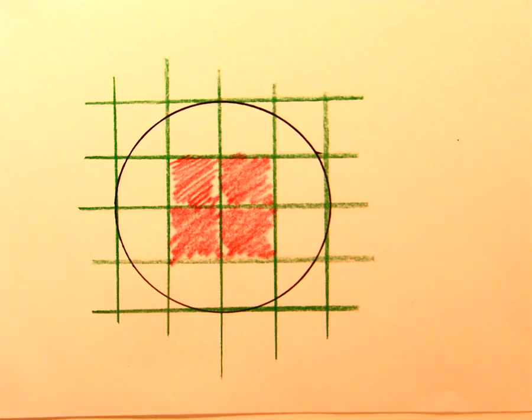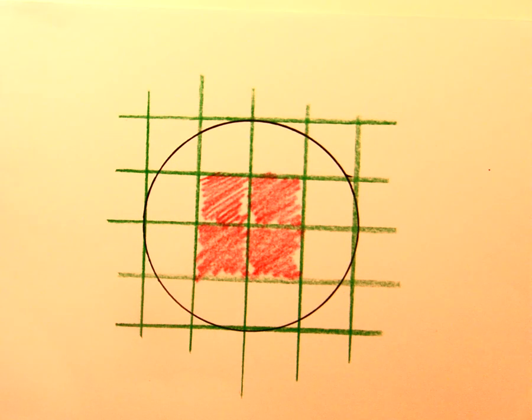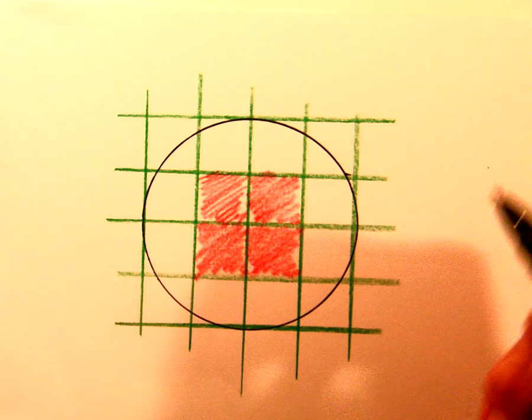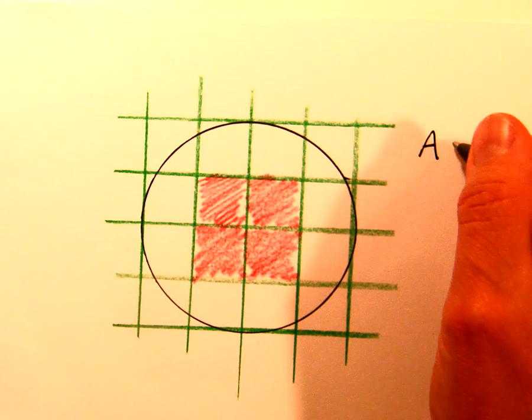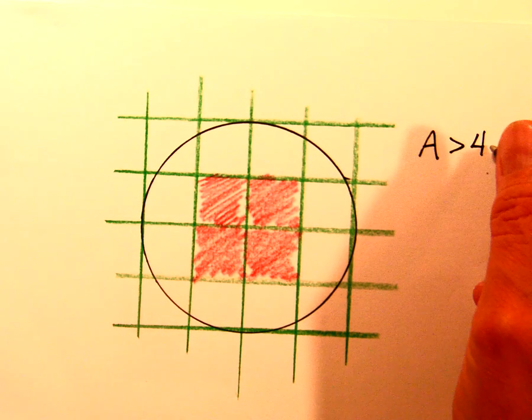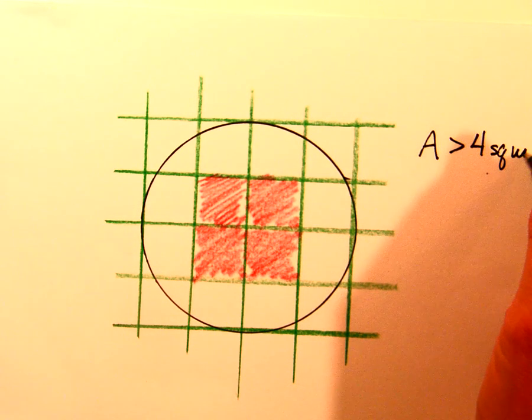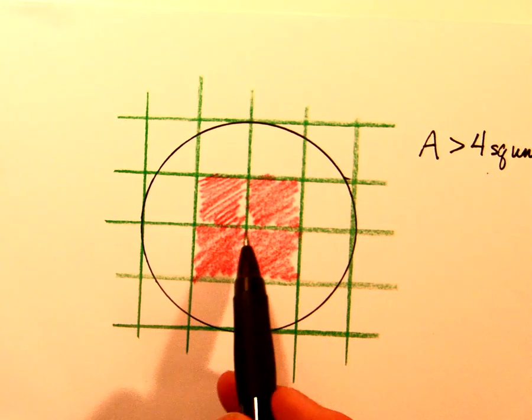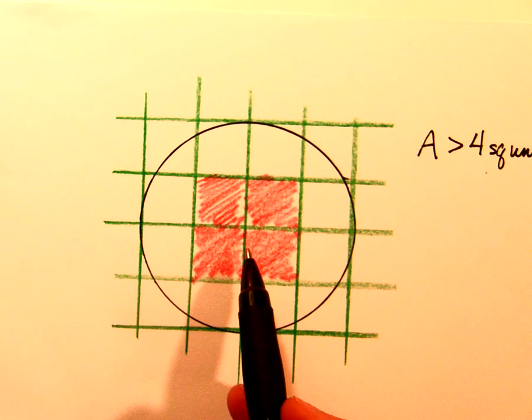So there's the red that's inside. Okay, so I know that the area of the circle is more than 4 units, because these 4 red square units fit in there.